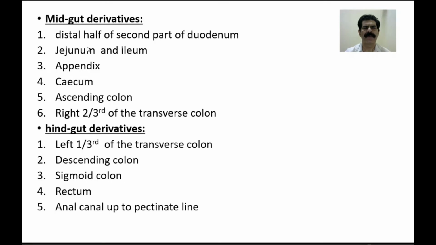The midgut will give rise to the distal half of the duodenum, the jejunum and the ileum, appendix, cecum, ascending colon, and the right two-thirds of the transverse colon. And the hindgut will ultimately give rise to the left one-third of the transverse colon, descending colon, sigmoid colon, rectum, and the upper part of the anal canal up to the pectinate line. So these are the derivatives of the primitive gut, that is the foregut, midgut, and hindgut.